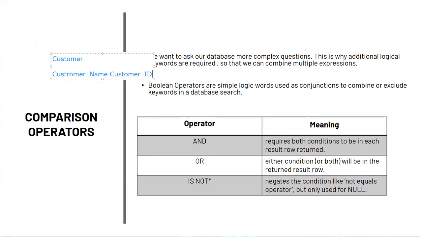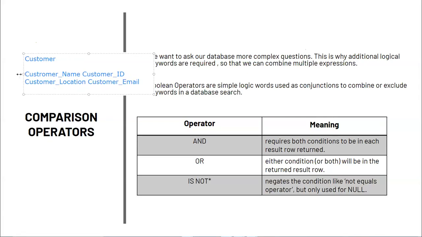And then we have customer location. I think we used that last week. And then let's say customer email. I think this should work.